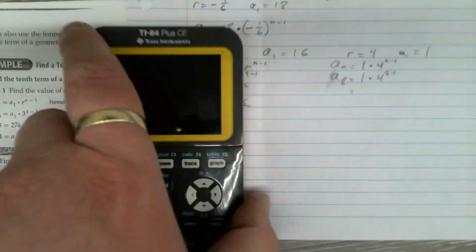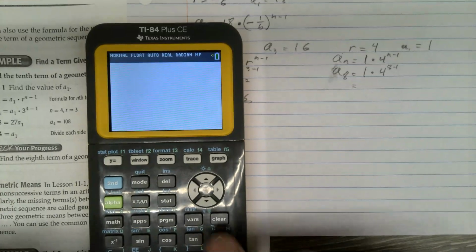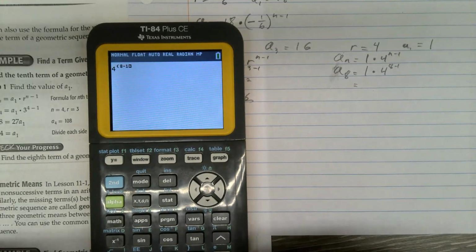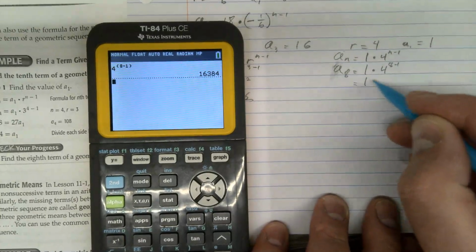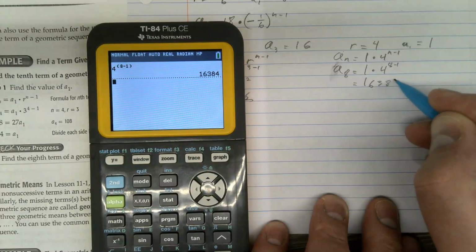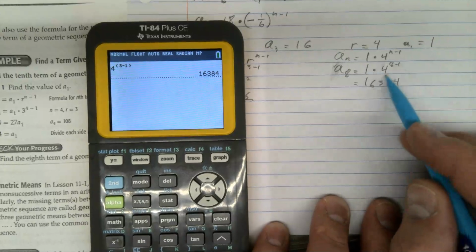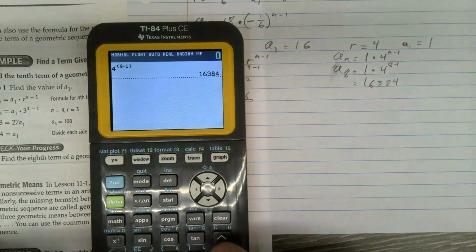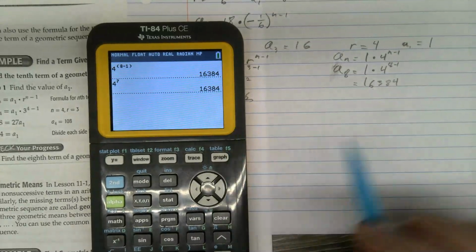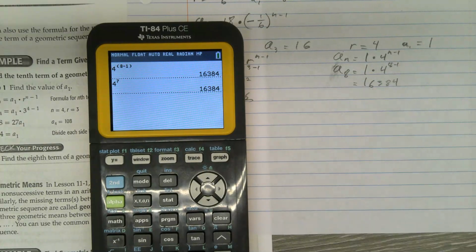We can just plug this straight into a calculator. 4 to the 8 minus 1. We get 16384. So 1 times 4 to the 8 minus 1, which is 7. If you're the kind of person like I am, you're going to go ahead and actually carry out the 8 minus 1 equals 7 and then plug it back in.